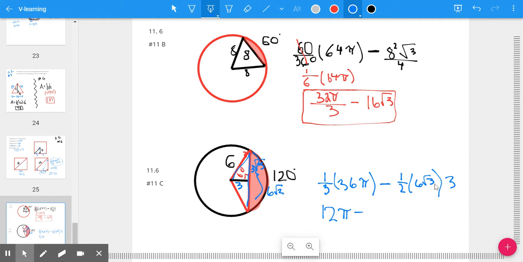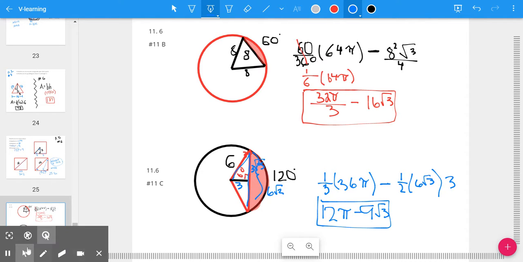I'm going to subtract. Half of 6 is 3, and 3 times 3 is 9. So that's going to give me 9 radical 3. And that is going to be the area of my segment, 12 pi minus 9 radical 3. I hope this helps.